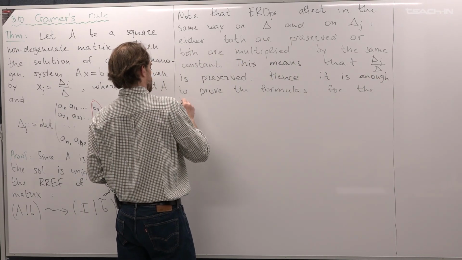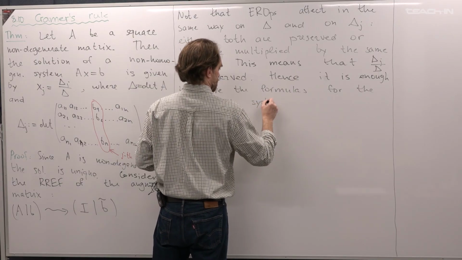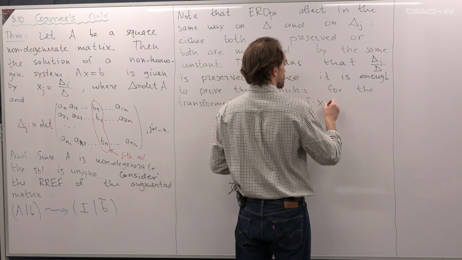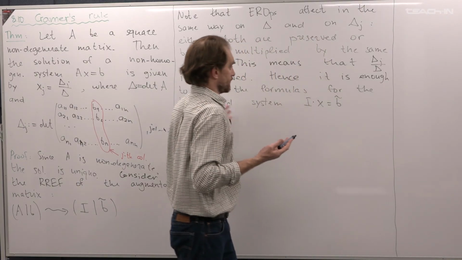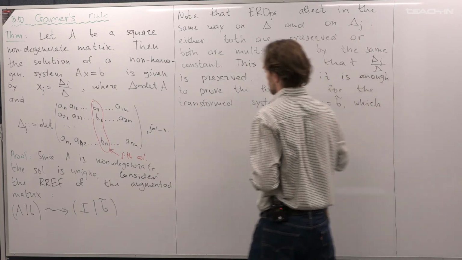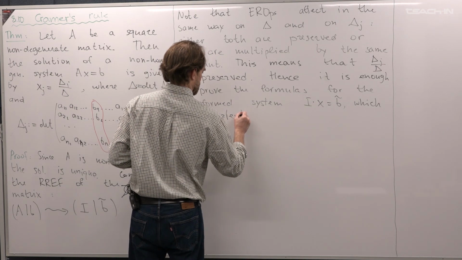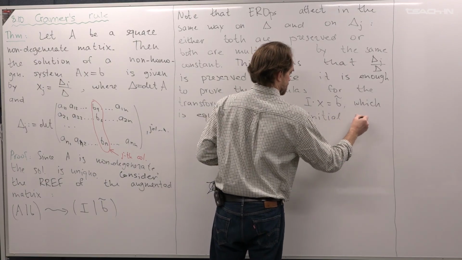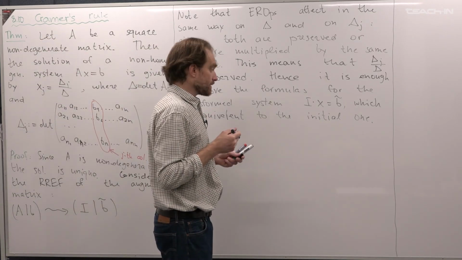For the transformed system, which takes the form the identity multiplied by x equals b tilde, this transformed system is always equivalent to the initial one. But for the transformed system, this is more or less obvious.